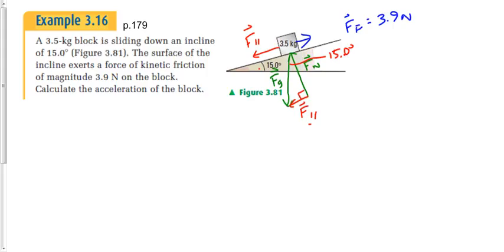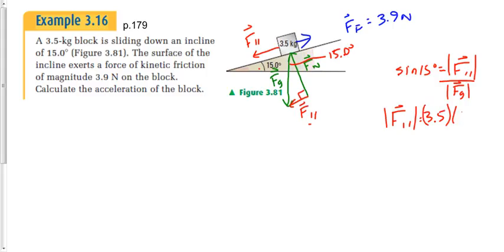Now, if I want to find F parallel, then I can, over to the side here, say sine 15 degrees is equal to opposite over hypotenuse. And the hypotenuse is the force of gravity. So I'm going to say F parallel is equal to 3.5 times 9.81.